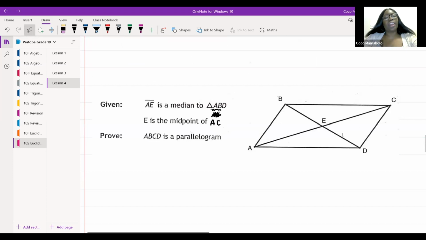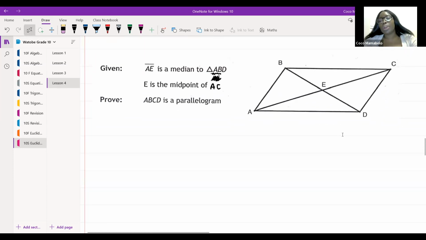All right. The information we've been given in this one also says ABCD is a parallelogram. Now, here we go, Tiana, the very question you were asking. It says here that AE is a median to triangle ABE.